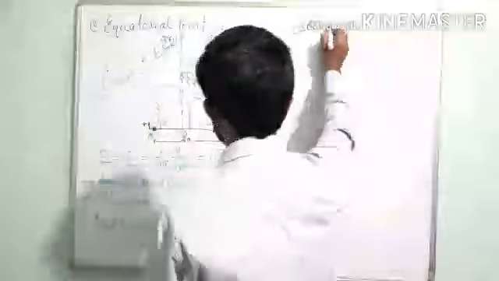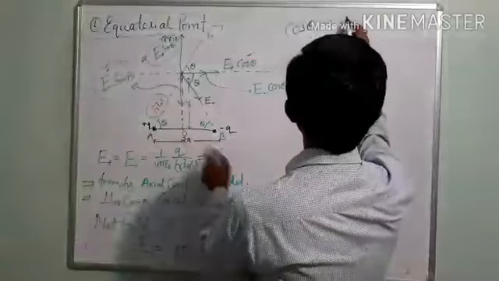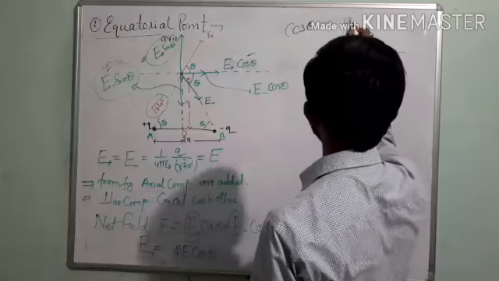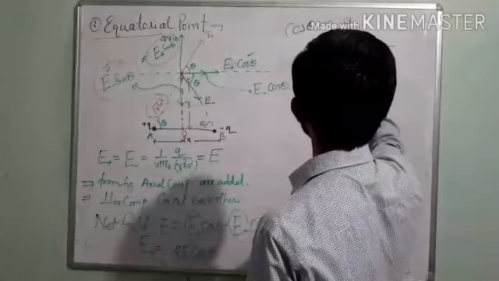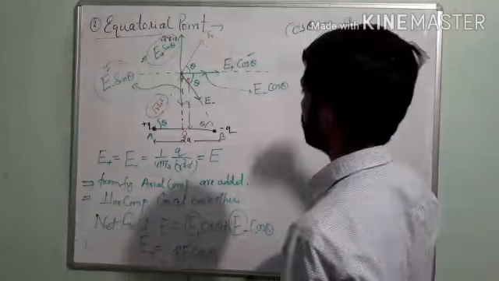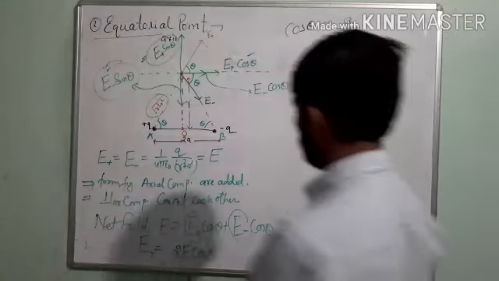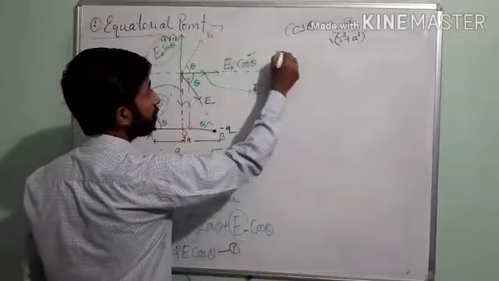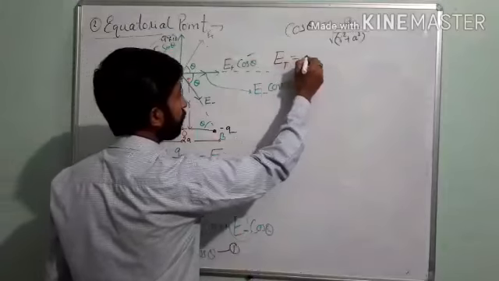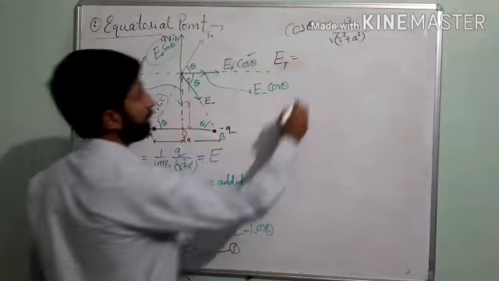That is, cos theta is equal to half of the dipole axis, that is A, over hypotenuse, under root R square plus A square. Say this is equation 1.